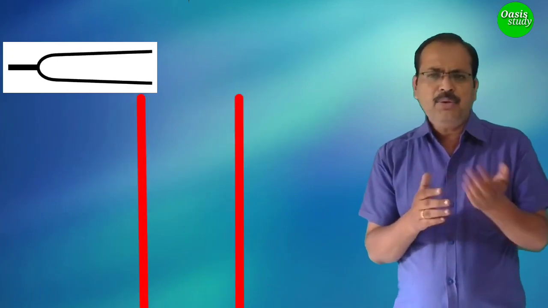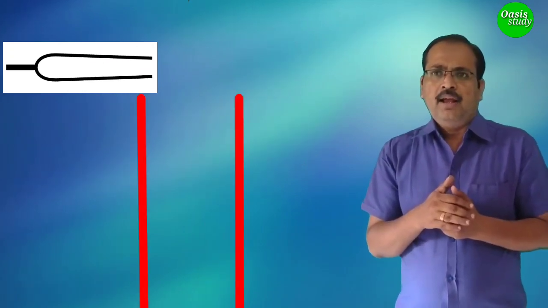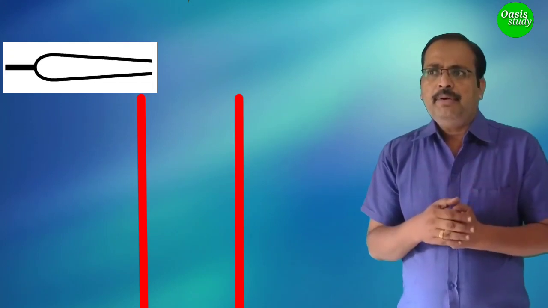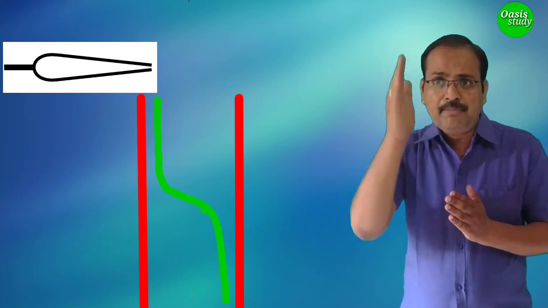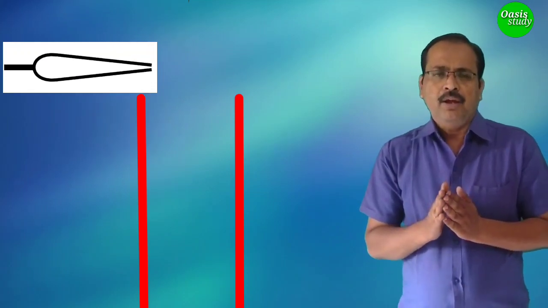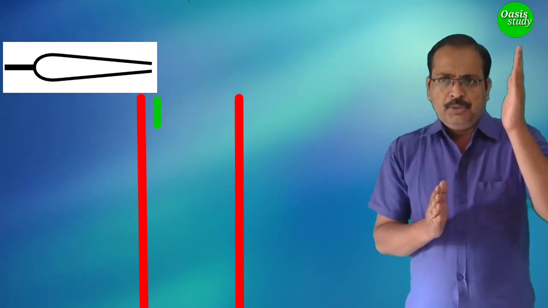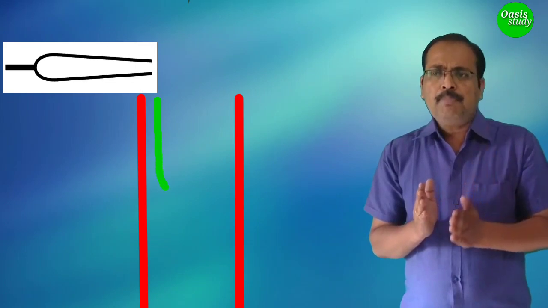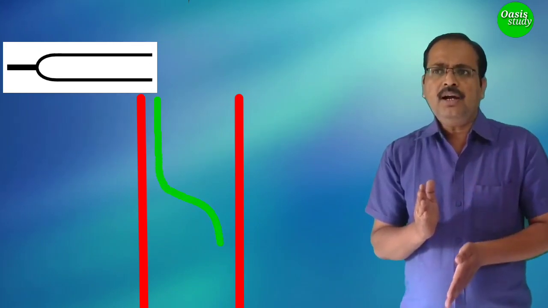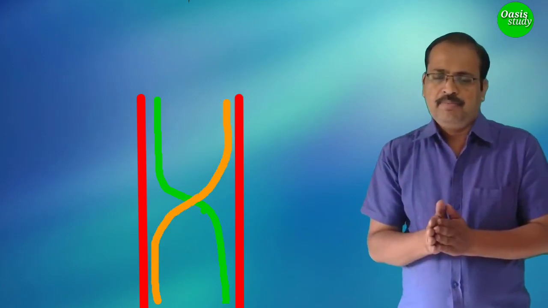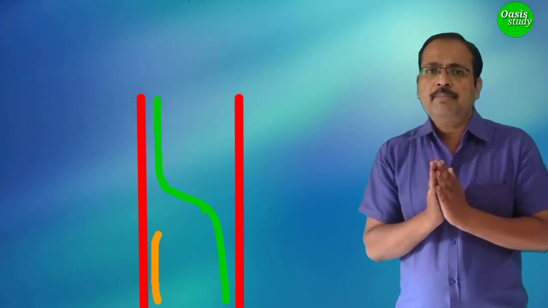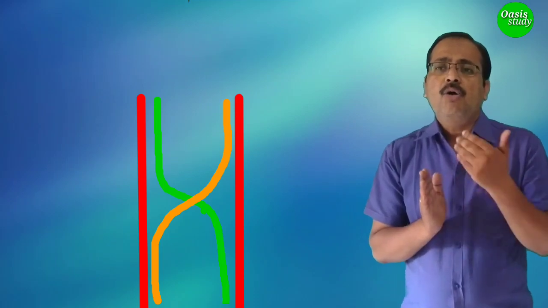When a vibrating tuning fork is placed near an open end of the pipe, it sends a wave inside the pipe. When the wave travels to the other end, there is a partial reflection at the open end.